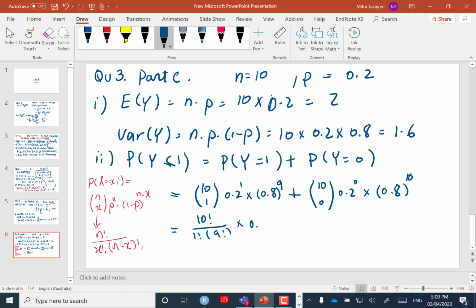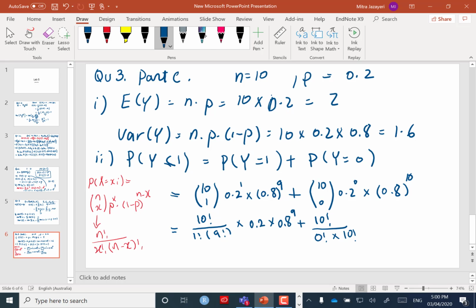Now you can see that 10 factorial can be written as 10 times 9 factorial, and then the 9 factorial cancels with the other 9 factorial.